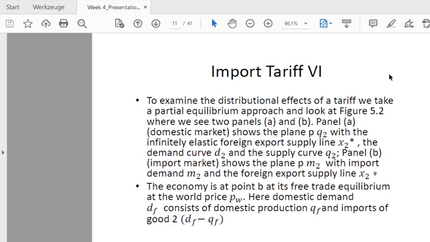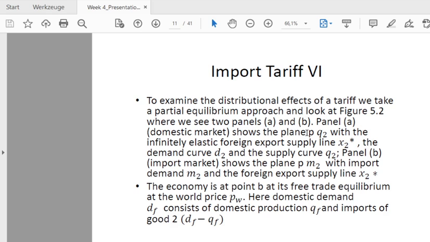To examine the distributional effects of a tariff, we take two panels in figure 5.2, panel A and panel B. In the first panel, we see the domestic markets.